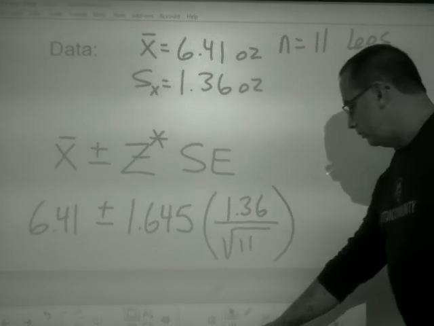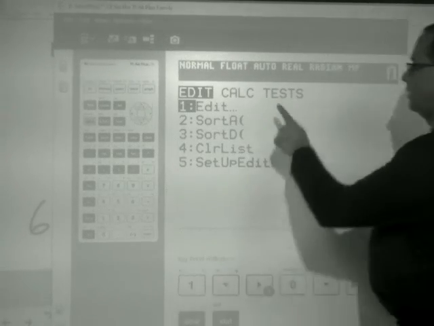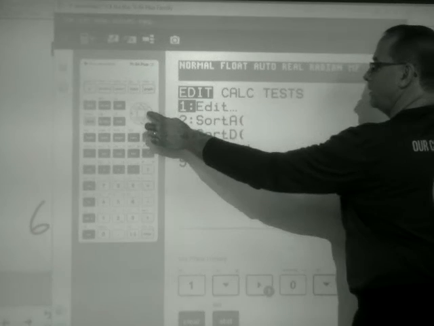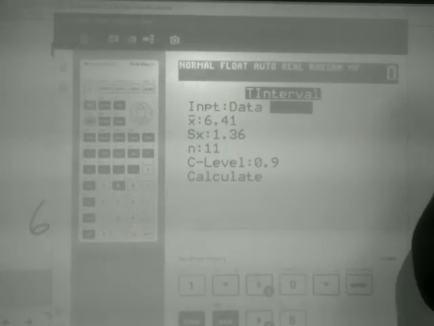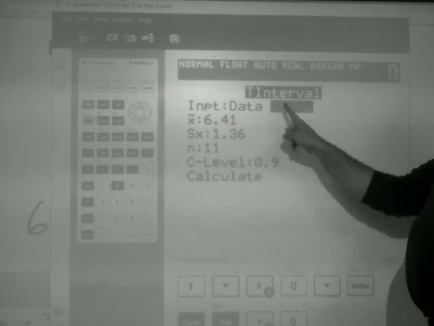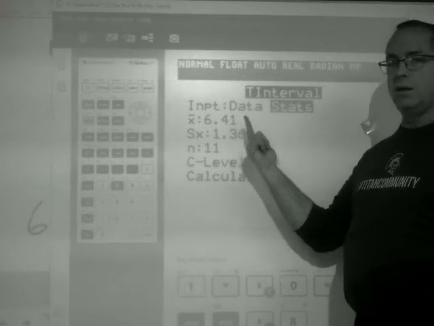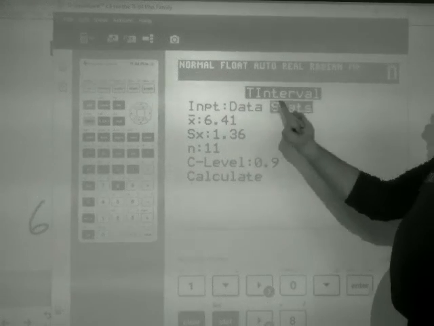Now we go to the calculator, go to Stat, arrow over so Test is highlighted, and then option number 8. I have the stats. If I had data, it would ask me what list my data is in. I don't have data, I have the actual statistics.